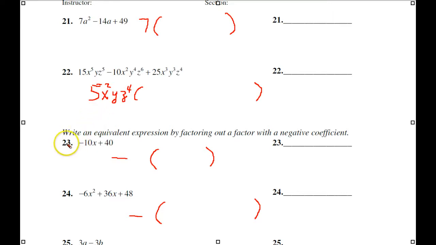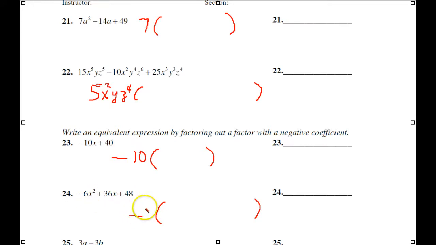And then now in 23 and 24, they want us to write an equivalent expression by factoring out a factor with a negative coefficient. So here we're going to factor out a negative 10. And here we can take a 6 out of each term.